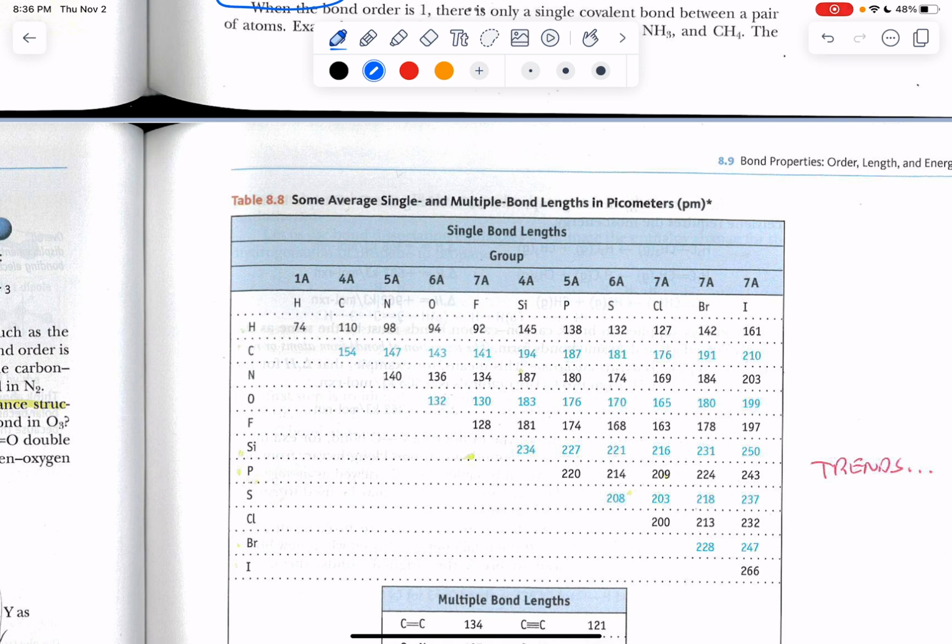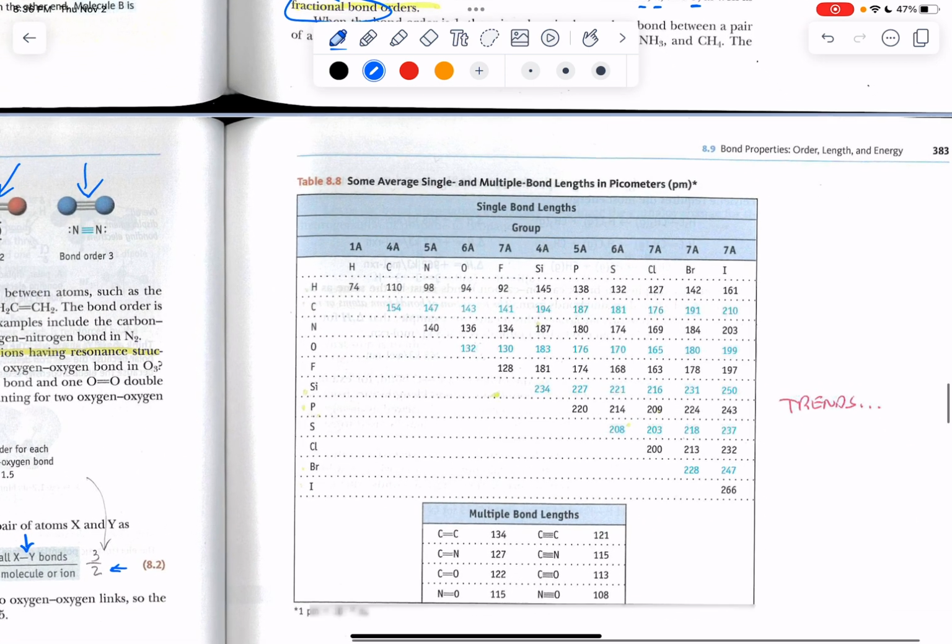So if we're going to be looking at trends, you can see that down here, as we go from a double bond to a triple bond, the bond length gets smaller. Same here, double to a triple bond. Same here, double to a triple. Same here, double to a triple. Those are about the main kinds of triple bonds you're ever going to see.